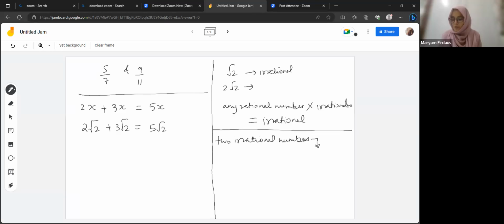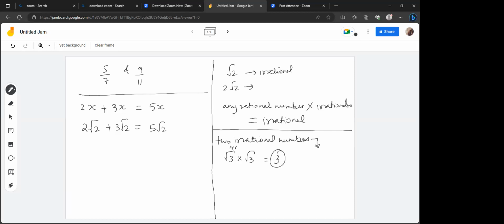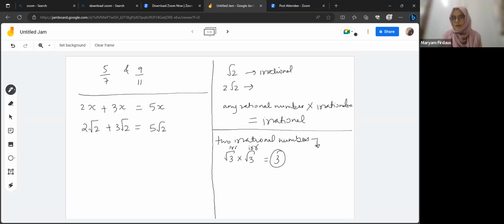So, for example, let's talk about root 3. Let's say you have root 3 multiplied by root 3. It's the same number, right? So this gives you 3, which is rational. So you see, this is irrational, but the product is rational.